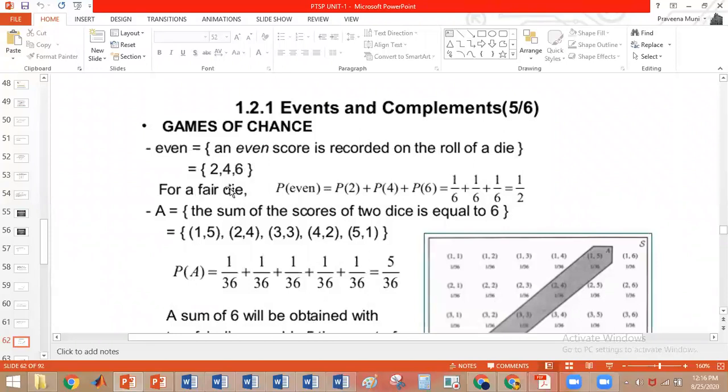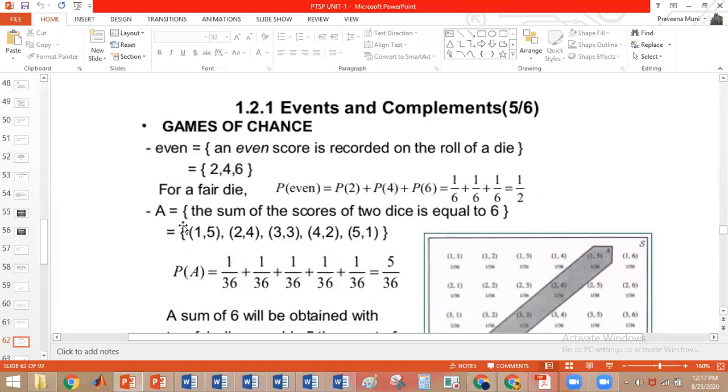For a fair die, meaning there is no bias and no cheating, the probability of even is equal to probability of 2 plus probability of 4 plus probability of 6. So the probability of even is the sum of the probabilities of each simple event in the event. It is equal to 1 by 6 plus 1 by 6 plus 1 by 6, that is equal to 1 by 2.